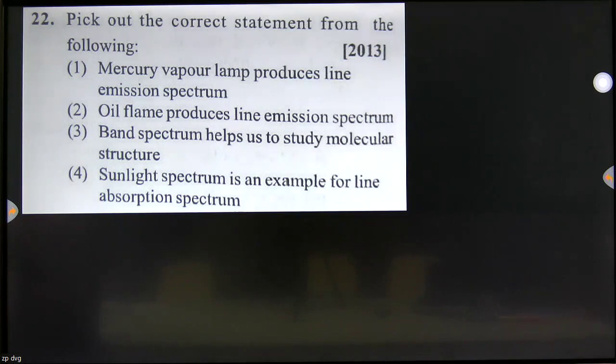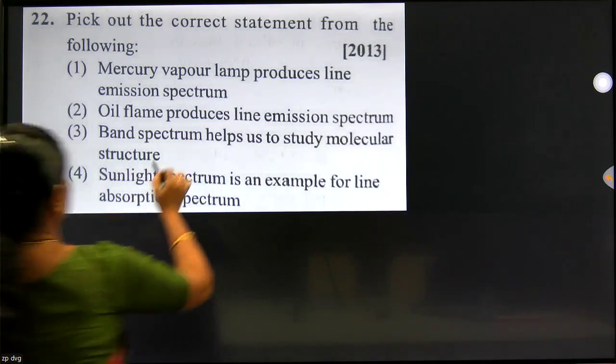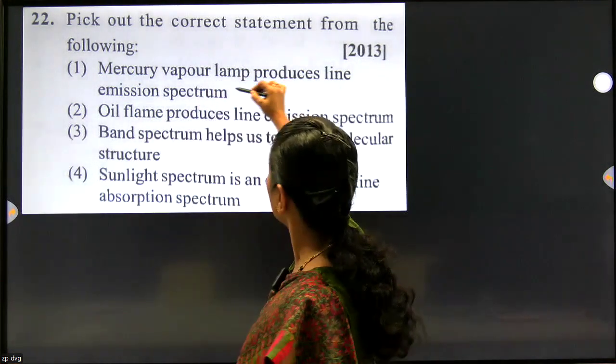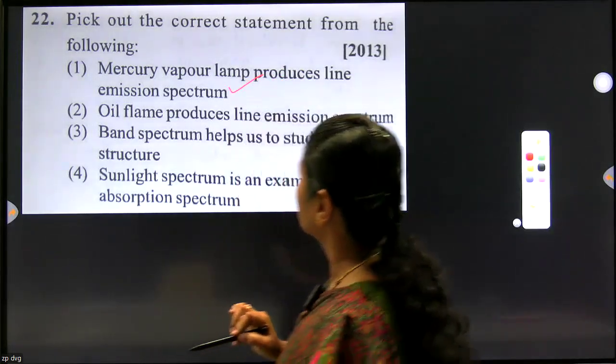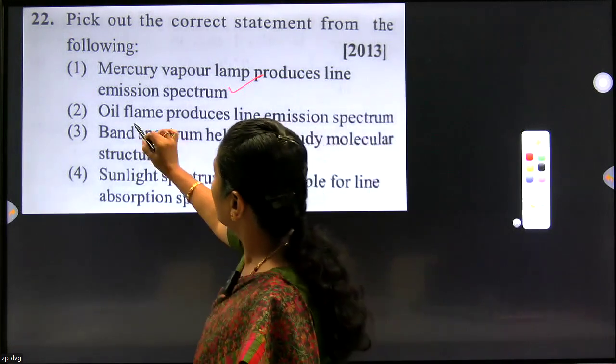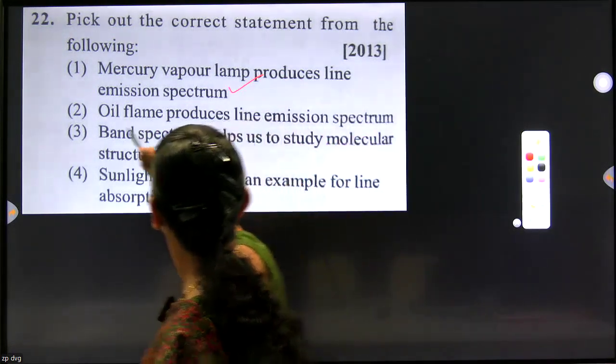Pick out the correct statement from the following. First one, mercury vapor lamp produces line emission spectrum. This is right. Second one, oil flame produces line emission spectrum.